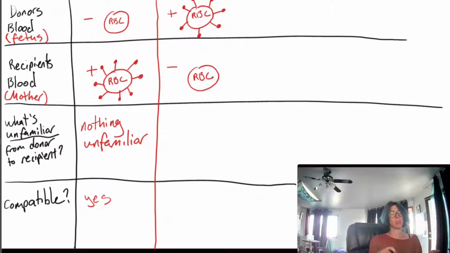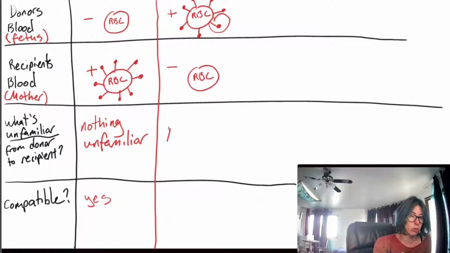Well, now let's ask our question. What's unfamiliar from the donor to the recipient? Or what's unfamiliar from the fetus to the mother? Well, let's look at the donor fetus row here. The RHD antigen is unfamiliar. The mother doesn't have that. The recipient doesn't have that. Never seen it before. That's unfamiliar. That's going to elicit an immune response.